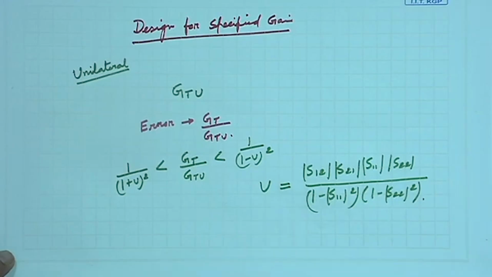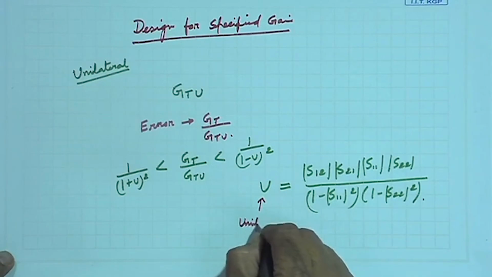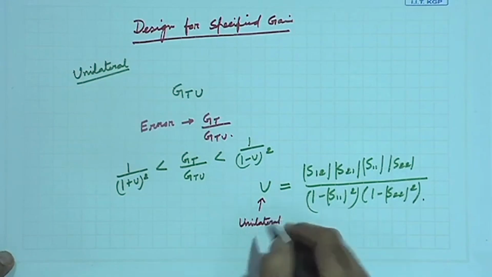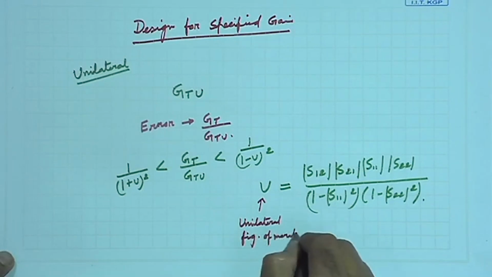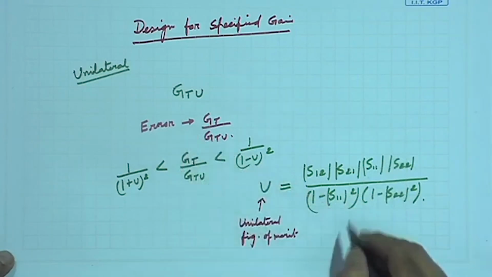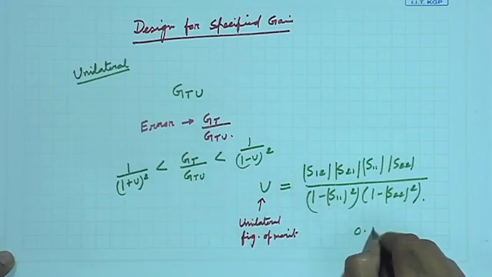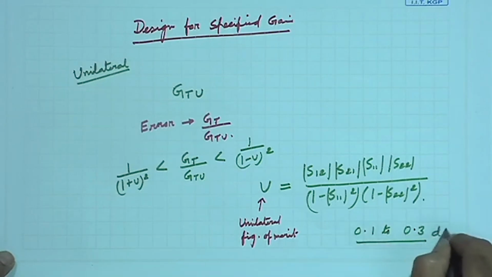So, this parameter U is called the unilateral figure of merit, and people have shown that usually this error is within 0.1 to at most 0.34 dB.